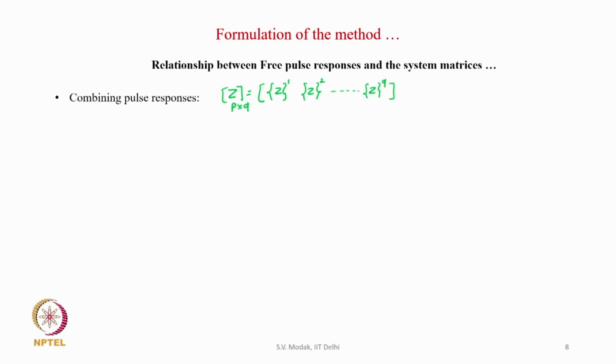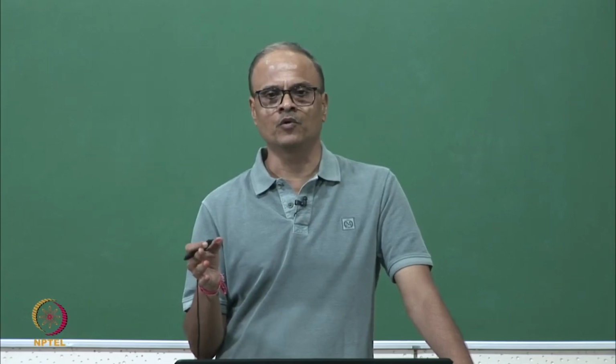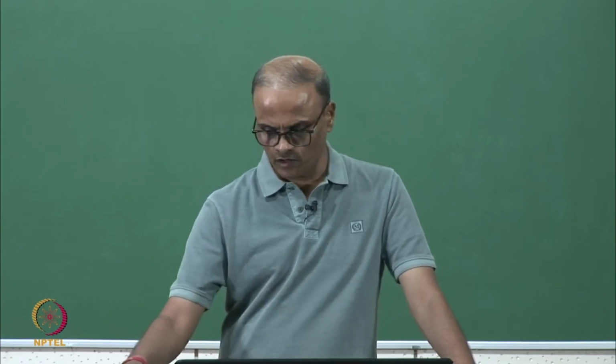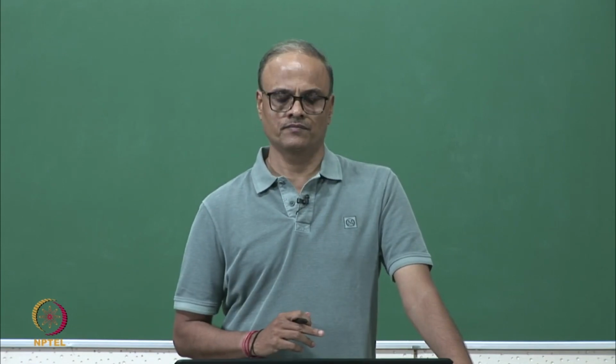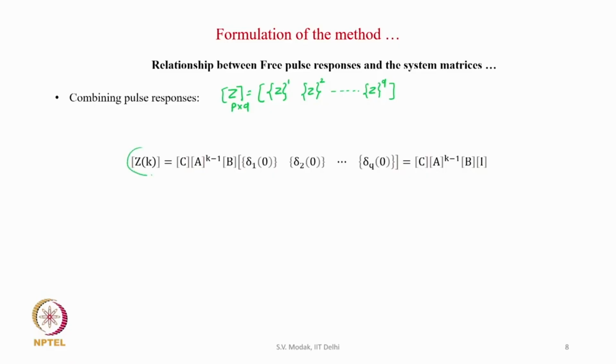And then what can we do? We can substitute the expression for the free pulse response Z, corresponding to a particular input location, into this matrix, which leads to this result. This is the matrix of free pulse responses.